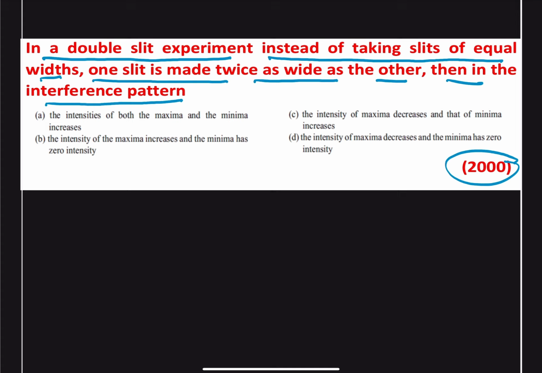At what point there will be maxima and what point will be minima. You see, first one is like intensity of both maximum minima will increase, or maxima will increase, minima will have zero intensity, and C is intensity of maxima decreases, minima increases, and the intensity of maxima decreases and minima has a zero intensity.